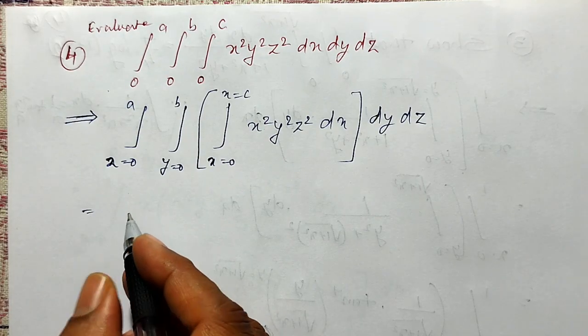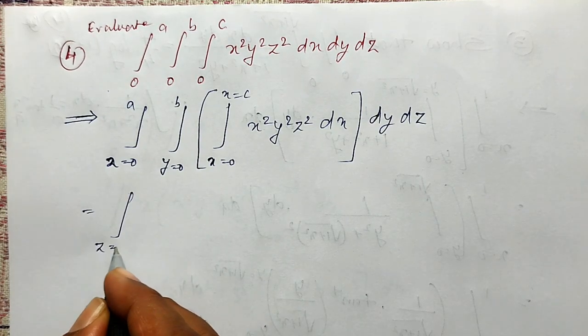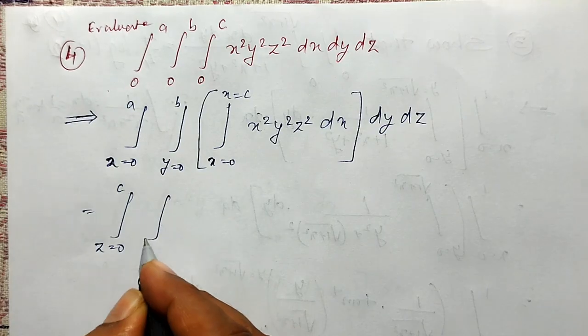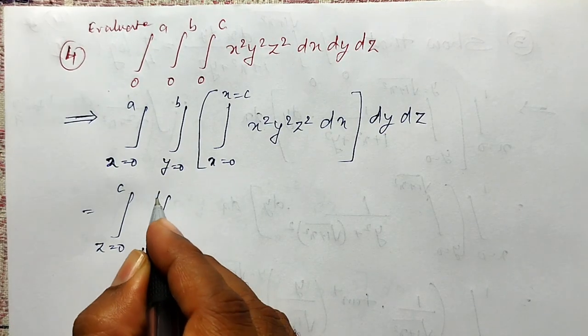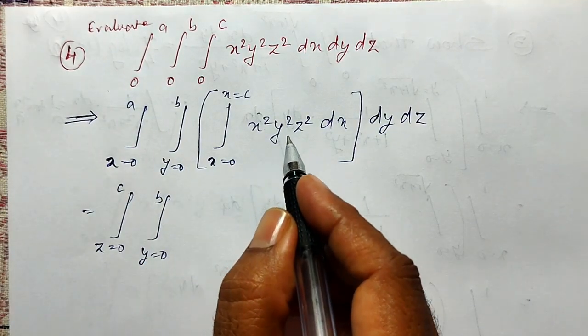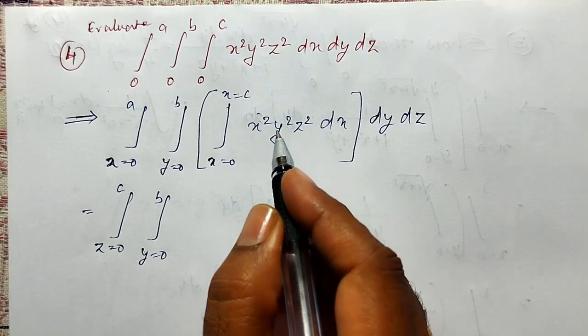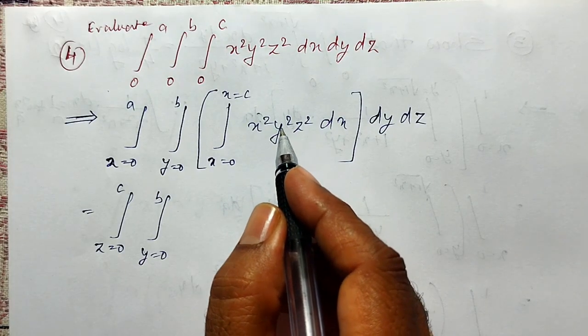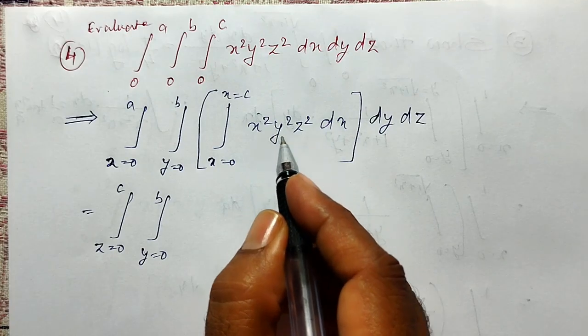Therefore my next step is integration from z equal to 0 to c, integration from y equal to 0 to b, and here while integrating with respect to x, y and z are treated as constants. Therefore y square z square both are constants.